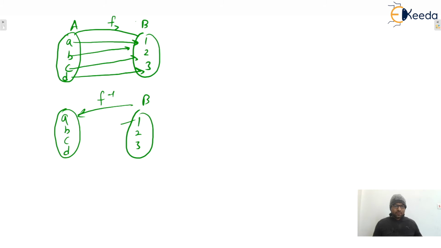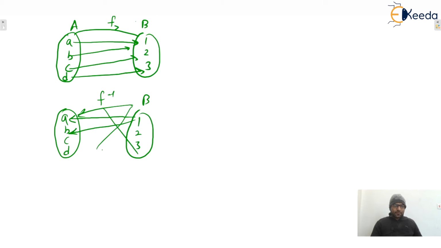So one will be mapped with B as well as one will be mapped with A, and that is not allowed inside a function because every element must have a unique image. So one has more than one image, and that is not a valid function. That's why it must be required to be one to one as well, then only can we say that the inverse is possible.